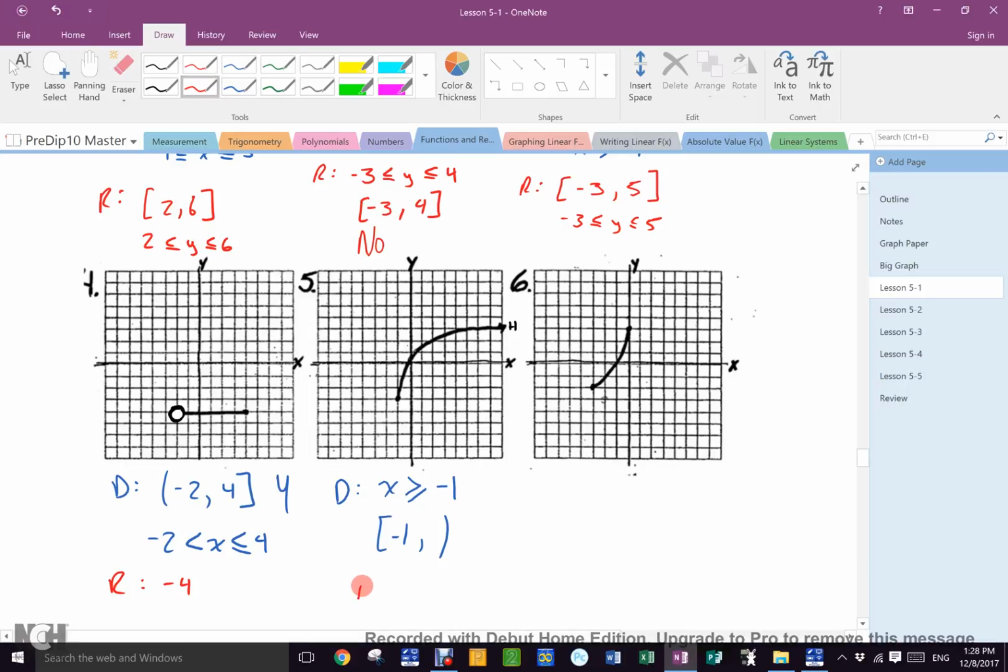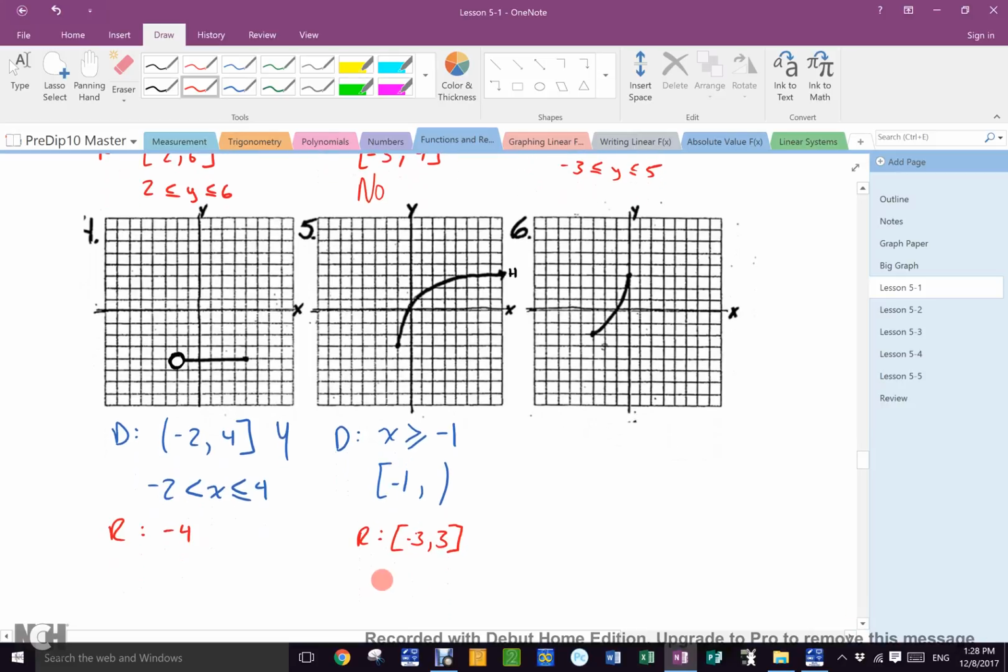Range, Lauren? Square bracket, -3, comma, 3, square bracket. Yep. And it is a function.